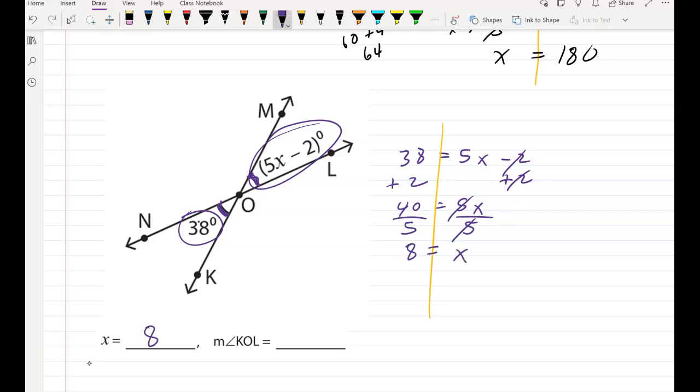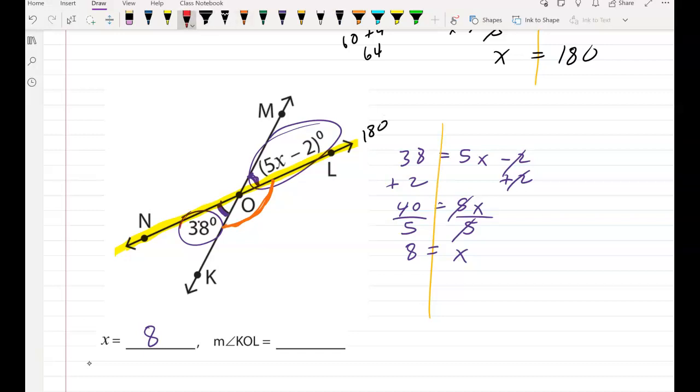So x equals 8. So what is the measure of angle KOL? Oh, well, that's easy enough. Angle KOL is this one right here. And if you look, here we have a straight line, right? That's a straight line, so that means that it has to equal 180 degrees.